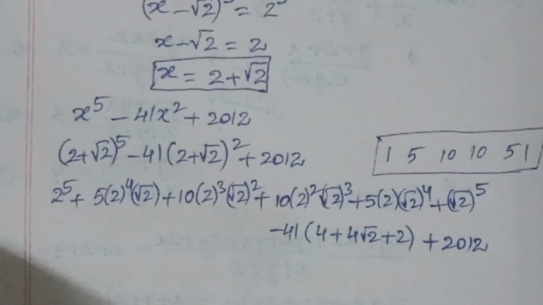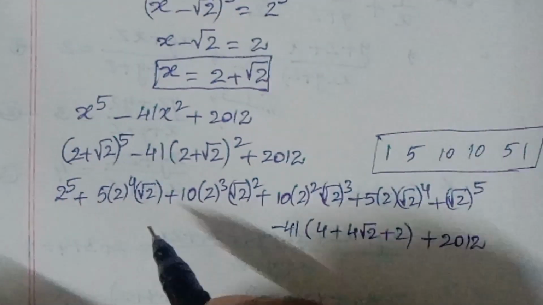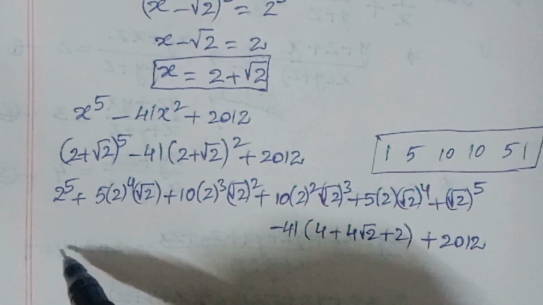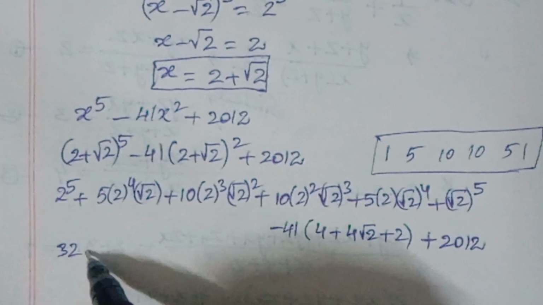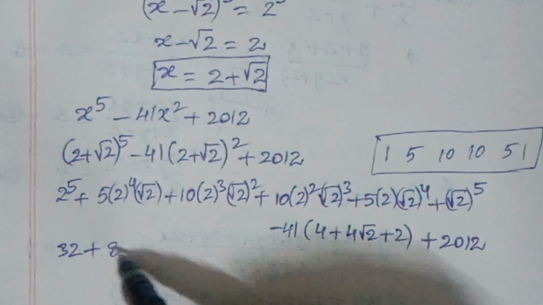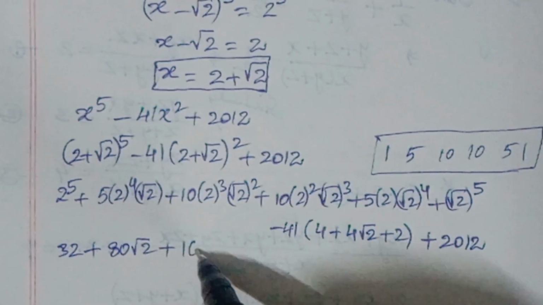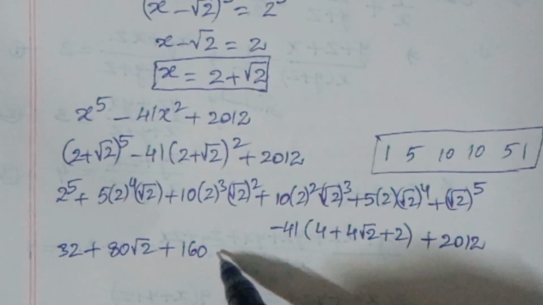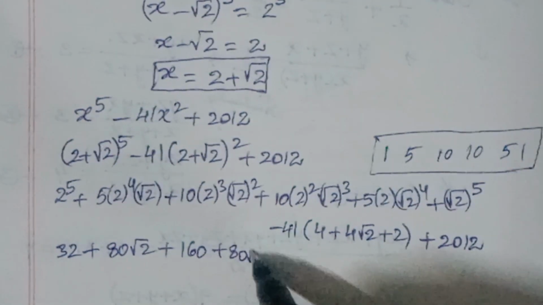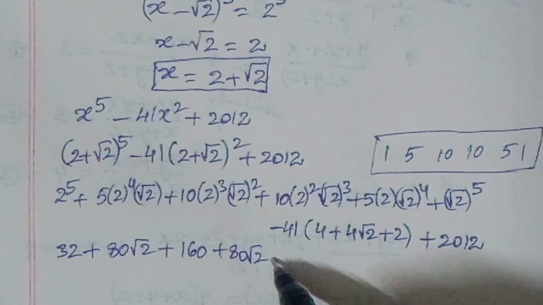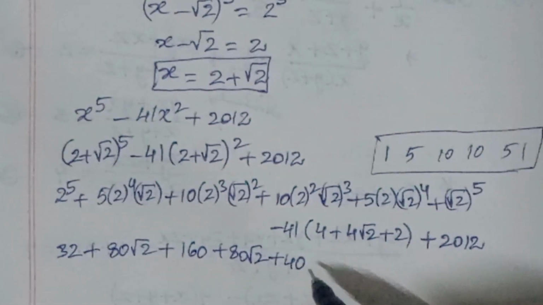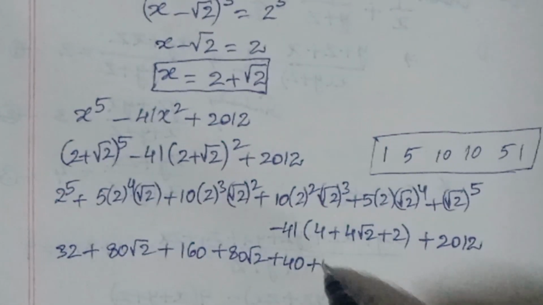So this is by using the expanded form. 2 to the power of 5 is 32 plus 80 root 2 plus 160 plus 80 root 2 plus 40 plus 4 root 2.